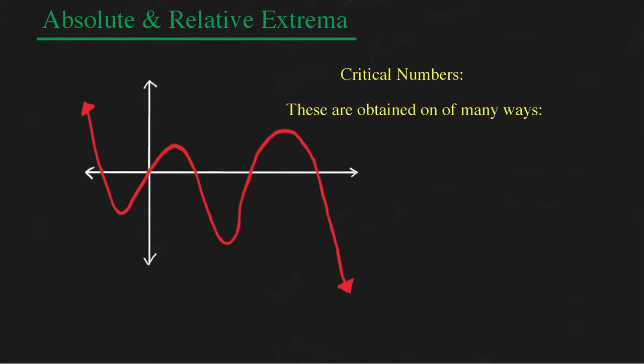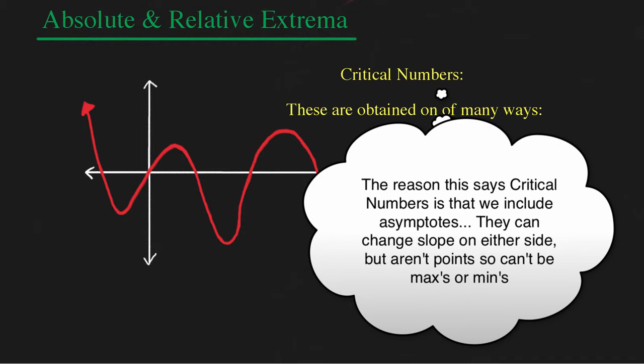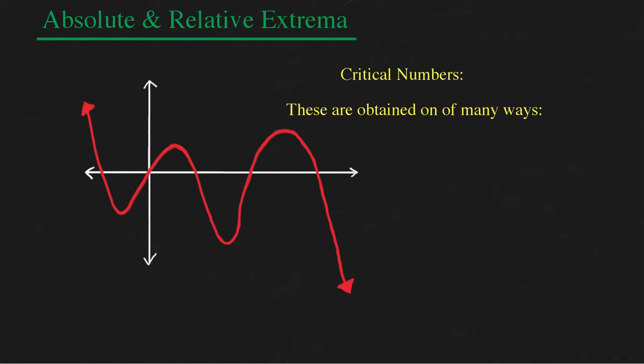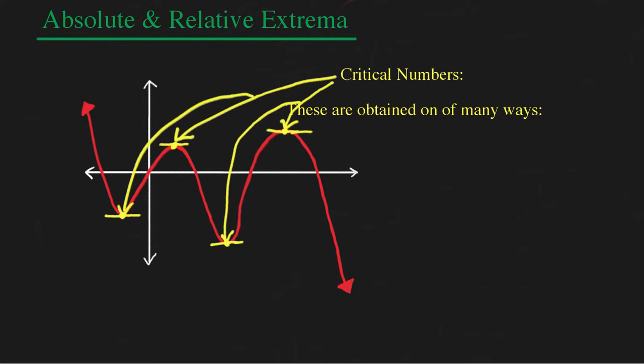So this whole time I've been talking about these things called critical points. What are critical points? Critical points are your possible maxes or mins. The first way we did it was we said set the first derivative equal to 0. That's anywhere we have a horizontal tangent line, so that's indicated by a derivative equaling 0. How do we find all these critical points?